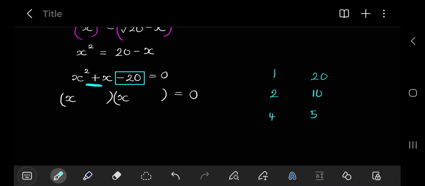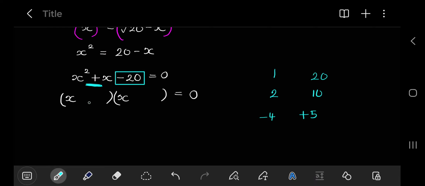Now, the factors that we can use to achieve that would be the 4 and 5. However, for our sign manipulation, we need to use a negative 4 and a positive 5. So negative 4 times positive 5 gives you negative 20. Minus 4 plus 5 gives you positive 1. So this works out perfectly.